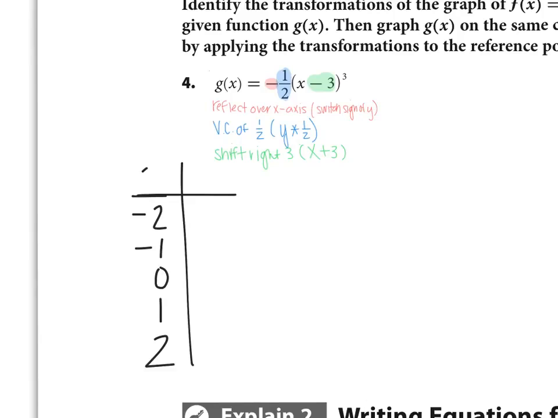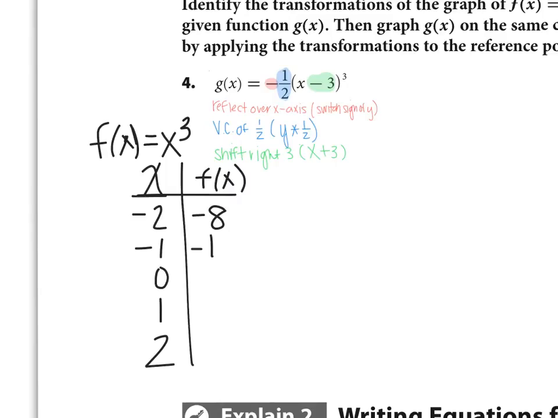If those are my x values, and my parent function is f of x equals x cubed, remind me of my y values or my f of x values that correlate with that. If x is -2, what is f of x? -8, because it's -2 times -2 times -2.